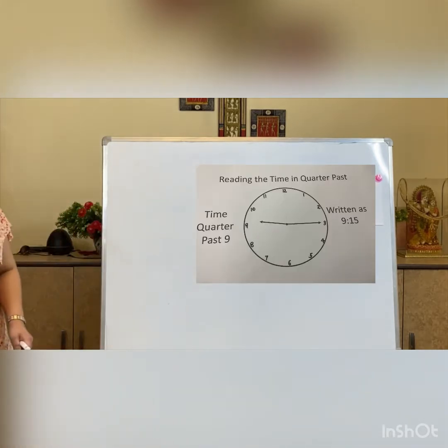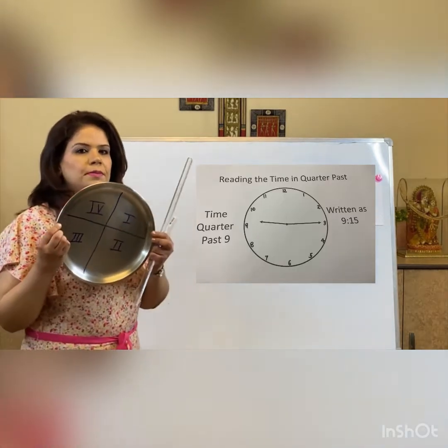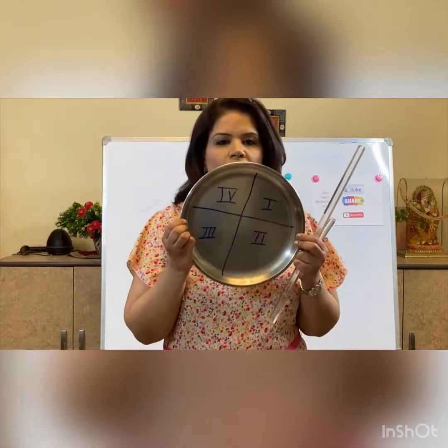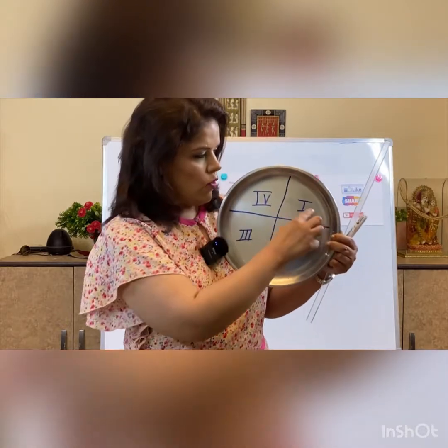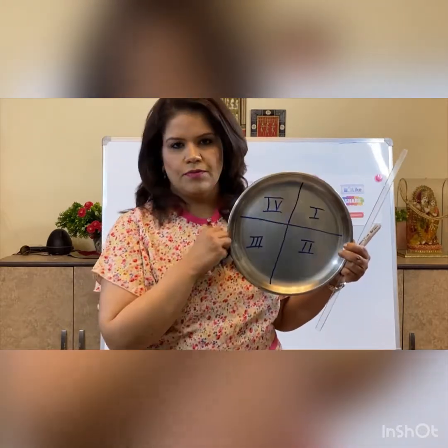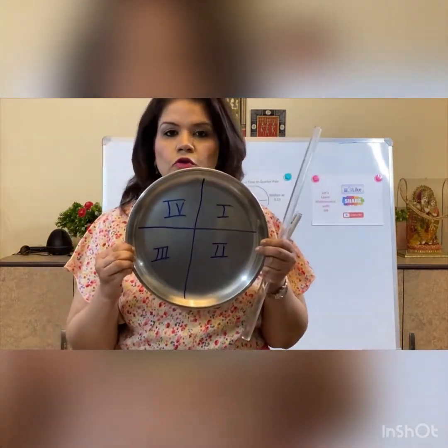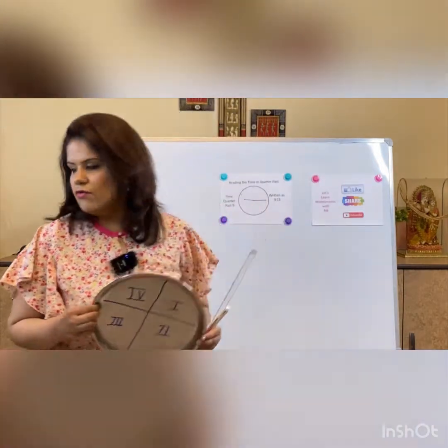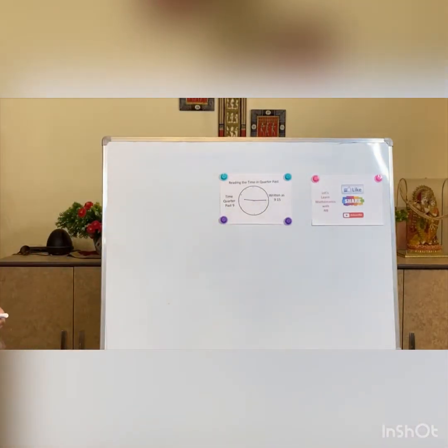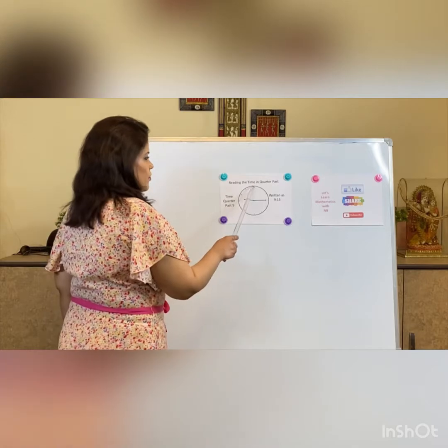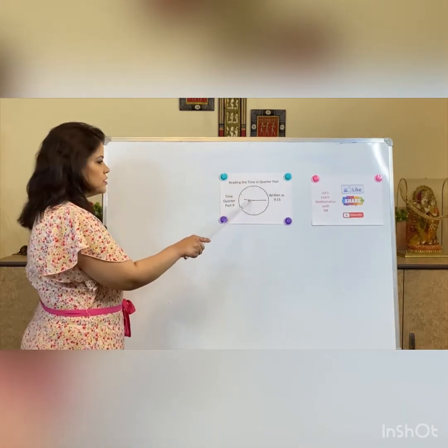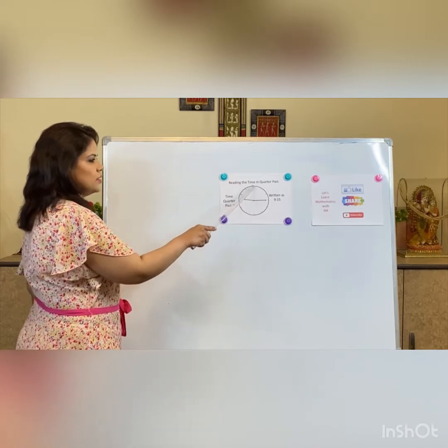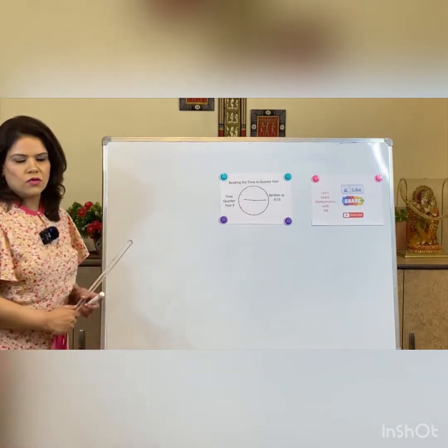When you have a pizza and you divide it into 4 parts, 1, 2, 3, 4, these are known as 4 quarters. In the same way, a clock also has 4 quarters. 12 to 3 is 1 quarter, 3 to 6 is the second quarter, 6 to 9 is another quarter, and 9 to 12 is another quarter.